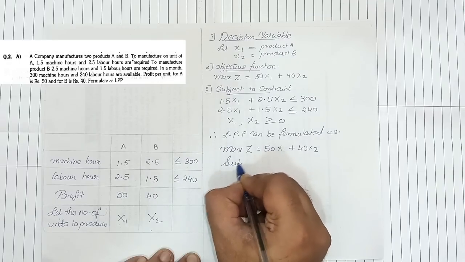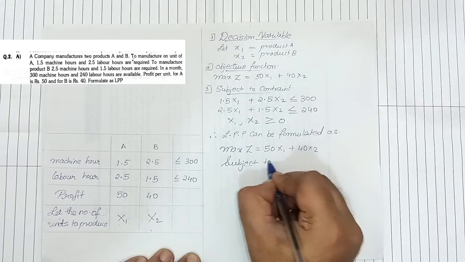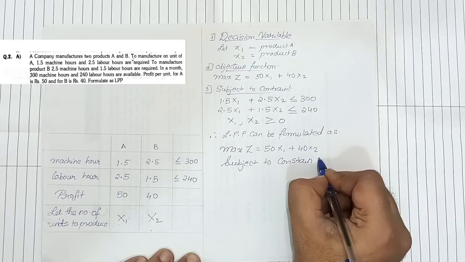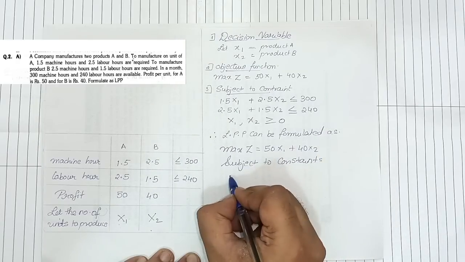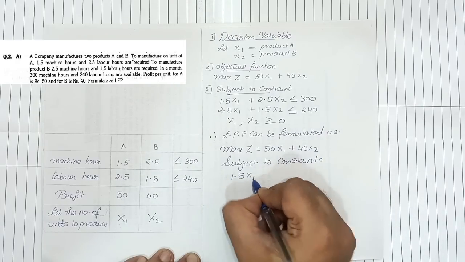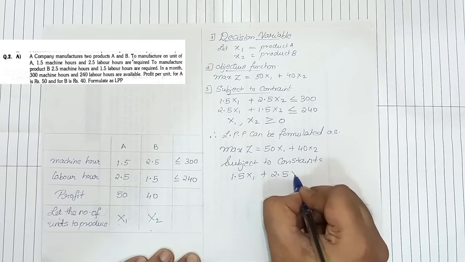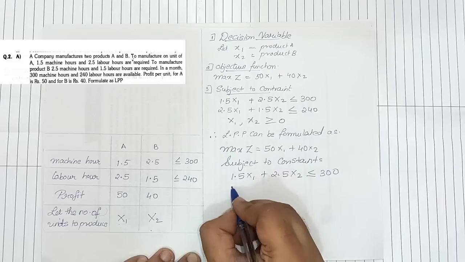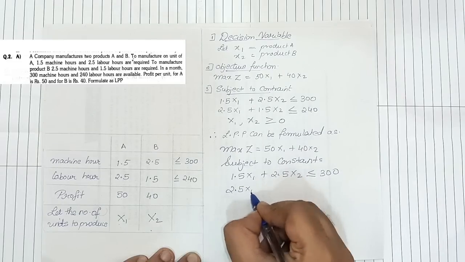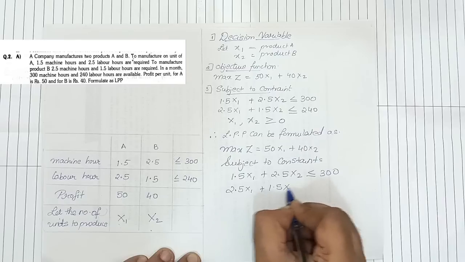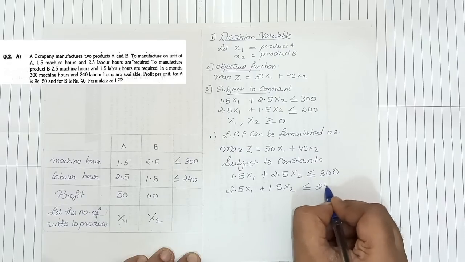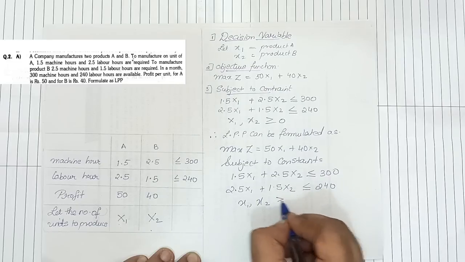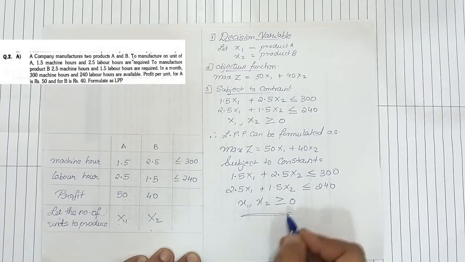Subject to constraints: 1.5 x1 plus 2.5 x2 less than equal to 300, 2.5 x1 plus 1.5 x2 again less than equal to 240. Lastly, x1, x2 is greater than equal to 0.